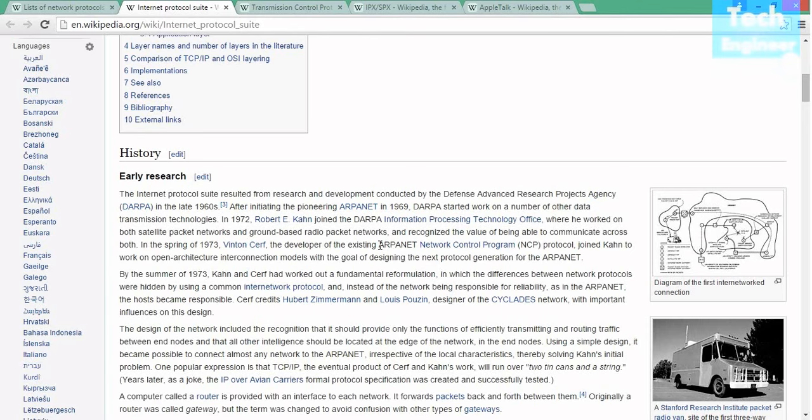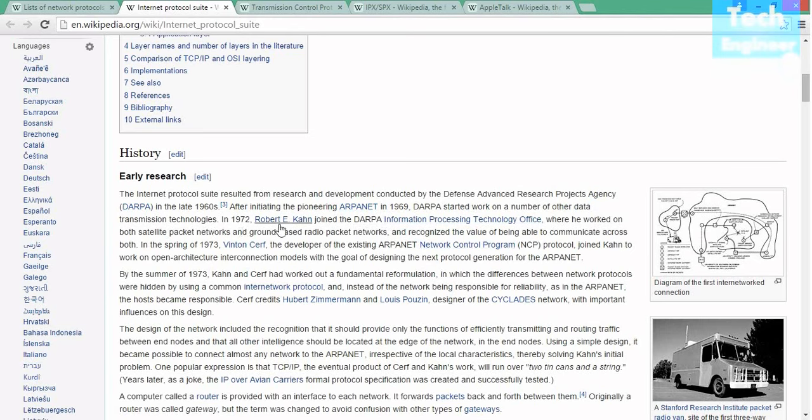Now you can go with the history, what is the requirement. It basically started as ARPANET, started by ARPANET in 1969. After initiating the pioneering ARPANET in 1969, DARPA started work on a number of data transmission technologies.